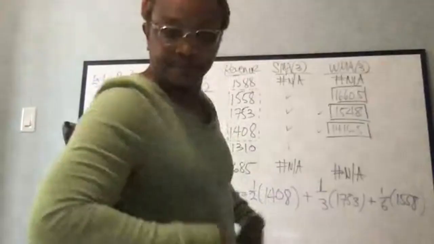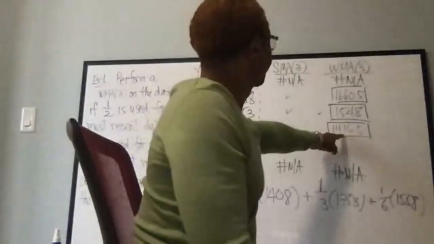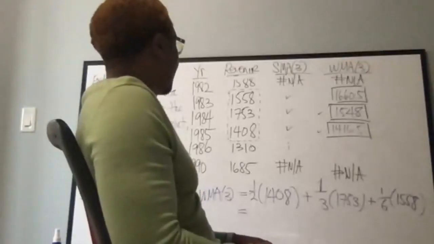For the last one, I keep getting 1513. For this one right here? Yeah. Okay, how did you set it up? I did 1/2 times 1685 plus 1/3 times 1310 plus 1/6 times 1408.